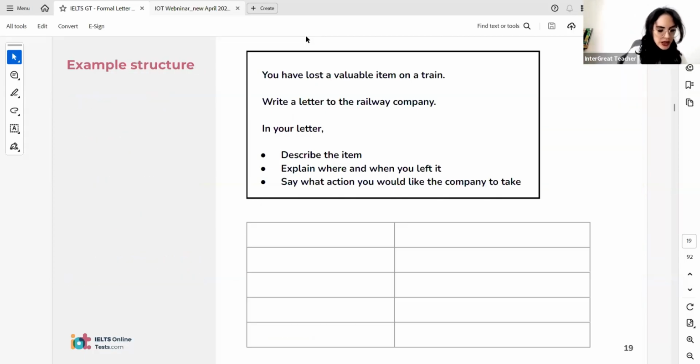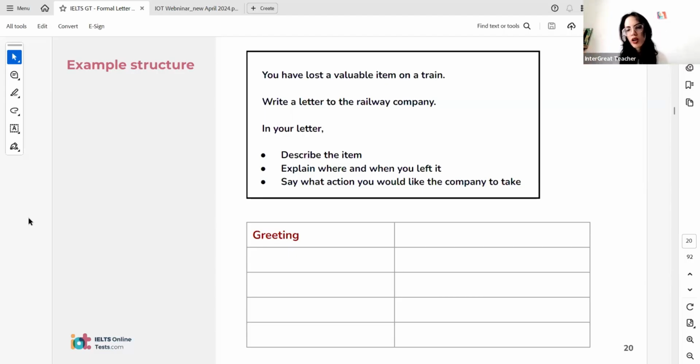Now let's get to the example structure. Very good, Cynthia. Okay, so now let's learn a structure we can use in order to write this formal letter. First, obviously, I need to greet. Do you guys know what greeting is? Sometimes we also use it like greetings from New York.